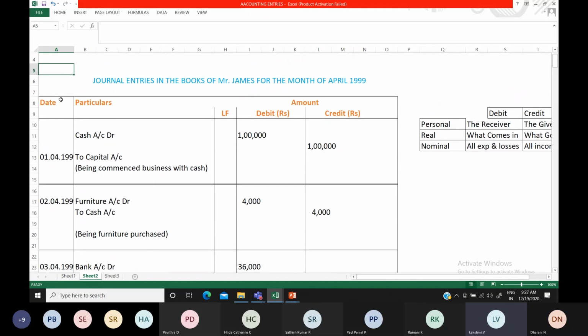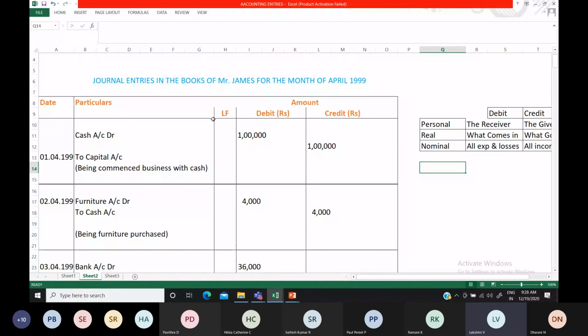So you have to mention date, particulars, LF, that is ledger folio, and then the amount column with the debit and credit column. So that is the accounting format for the journal. Date, particulars, LF means ledger folio, because from here only you are going to post it into your ledger accounts.